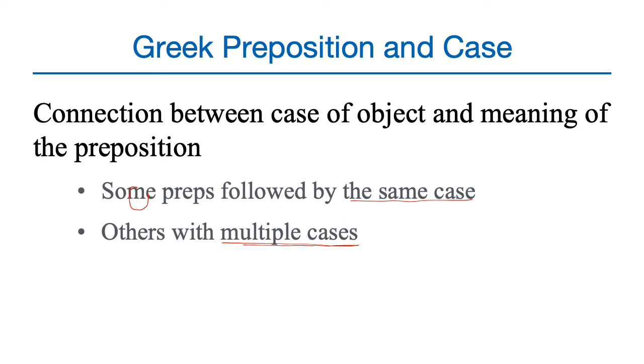When you connect the preposition with the case of the noun that follows it, the case of the object, then you will determine the meaning of the preposition. You have to do those two first. Here is a preposition, here is the case of the object that follows it, and therefore this is its meaning.